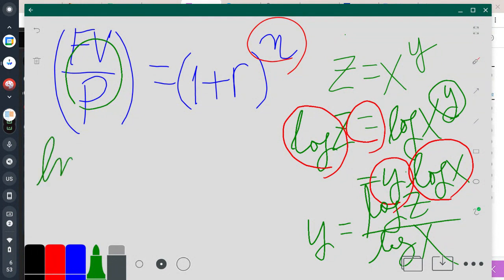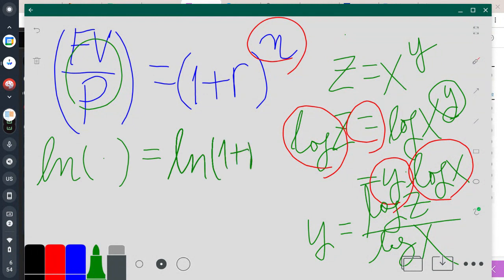So I'll call this natural log of a thing in the bracket. Just later we'll switch it. For now, I want to write FV over PV every time. And then this becomes n times the natural log of 1 plus r raised to n.